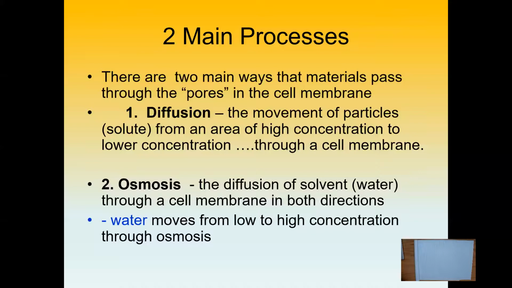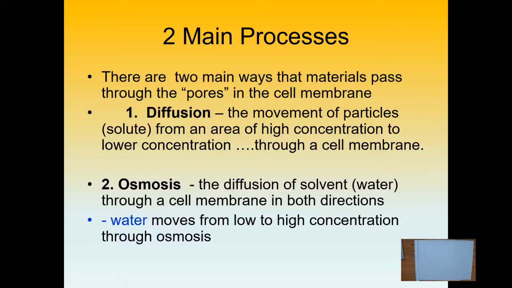In the example with the perfume, the solute is the actual cologne particles, and the air is the solvent. The air is a gas, but it can also be a solvent. So diffusion is the movement of particles from an area of high concentration to an area of low concentration.